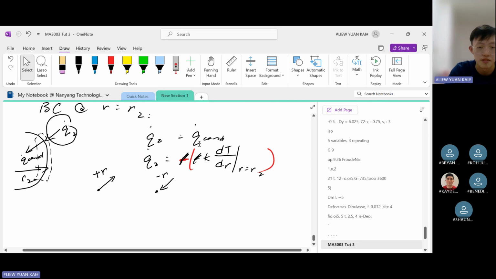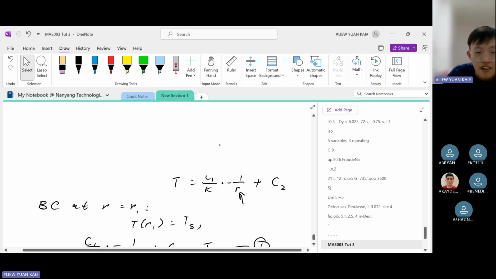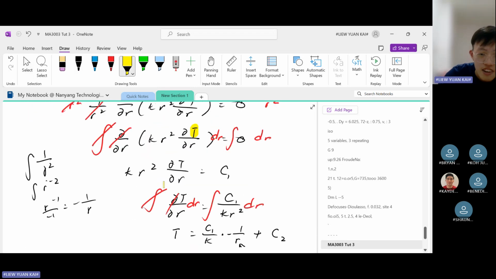So how do we go about simplifying this? What we're left with here is K dT/dr, where r is equal to R2. Now, how do we find this? Let's go back up and find where dT/dr is. Actually, dT/dr is given by this: dT/dr is equal to C1 over K times r squared.